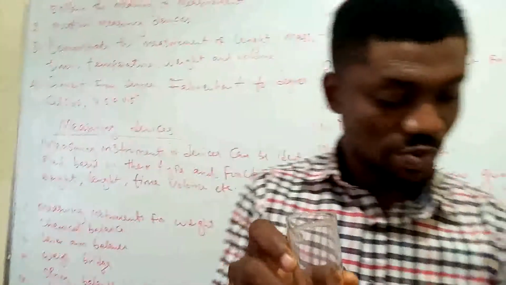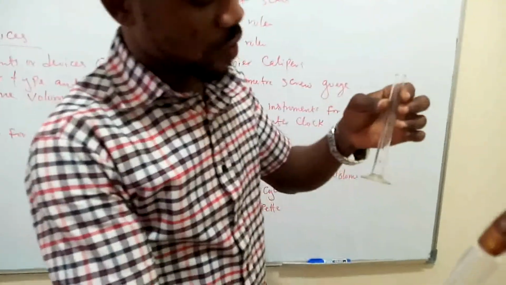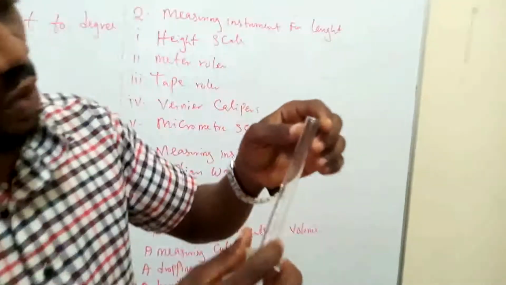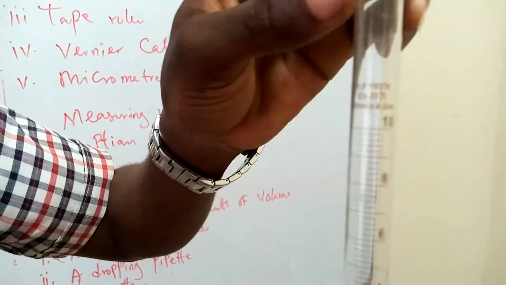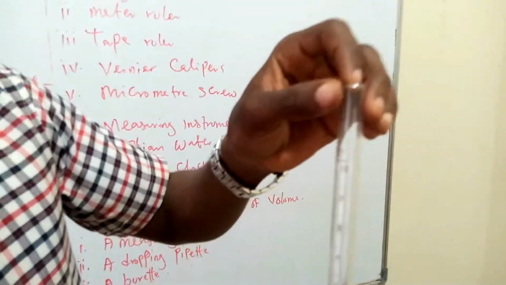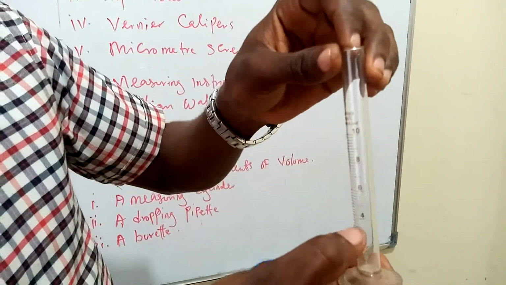We also have a smaller one here, depending on what you want to do. This one is 10 mil, ranging from 0 to 2, 4, 6, 8, and 10. Have you seen? We also mentioned a dropping pipette here.